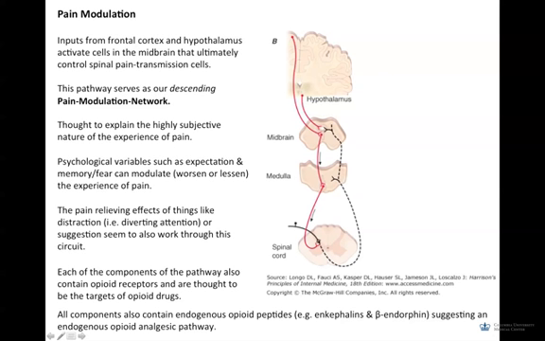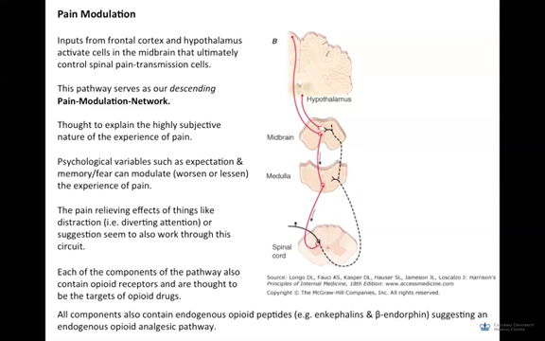And interestingly, each of the components of this pathway, all the cells involved, also contain opioid receptors and are thought to be the targets, or at least some of the targets, for opioid drugs.